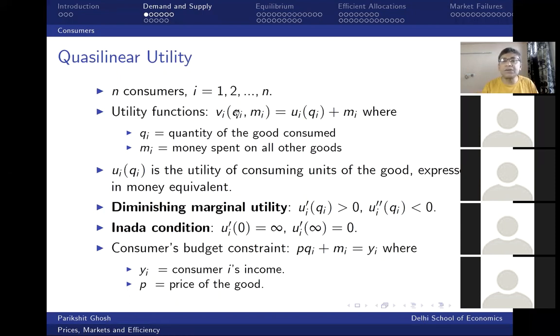One is the quantity of the good in question, bread, namely, that is q_i. So this is consumer i's consumption of bread. And m_i, which is the money spent on all other goods, right? So think of m_i, sometimes it's called a composite commodity. It's everything else lumped together as an alternative good to spend on.